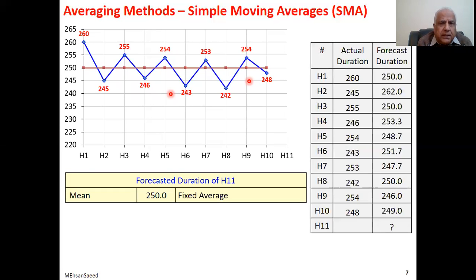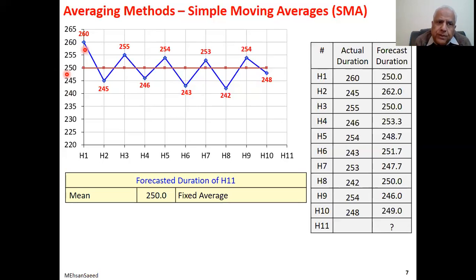Another approach could be to skip the past data, particularly the first data point. Why? You could argue that if you are a builder, that was your first house, you were not very experienced. There were a lot of teething problems, which over a period of time you have overcome.